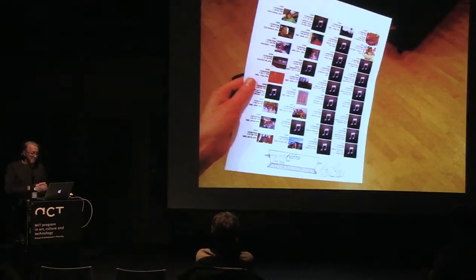And okay, one more thing about the closing event. What we did is we printed out the existing time capsule. It was something like 40 pages, and each one we signed, and then we just handed them out to people who came to the closing event as a record.